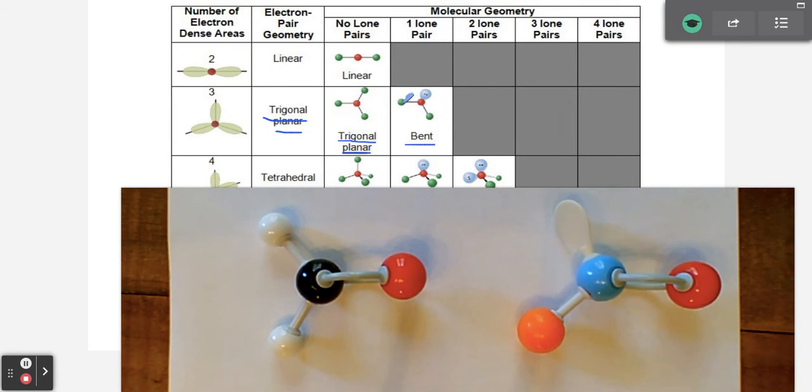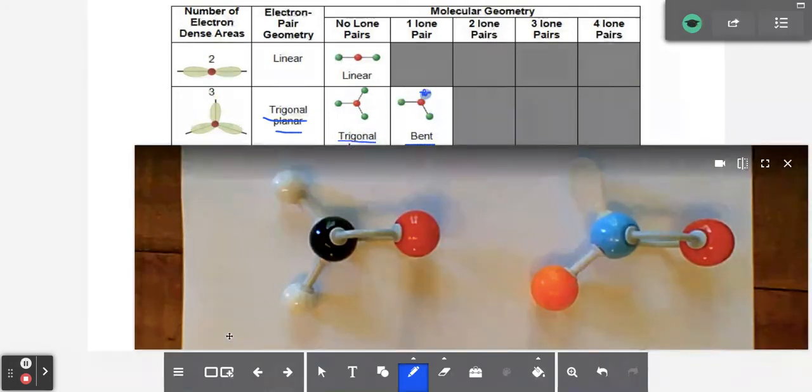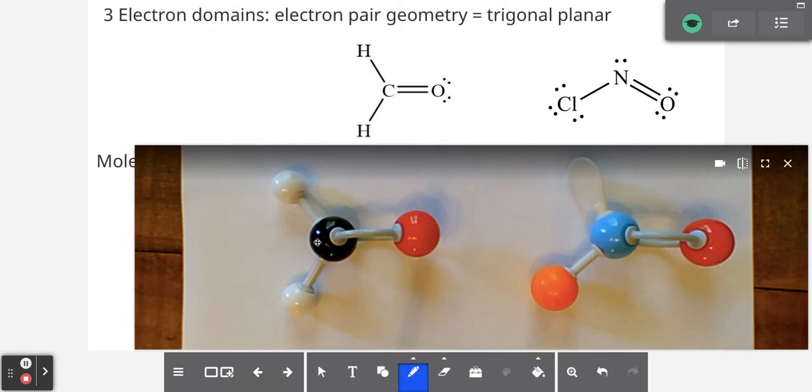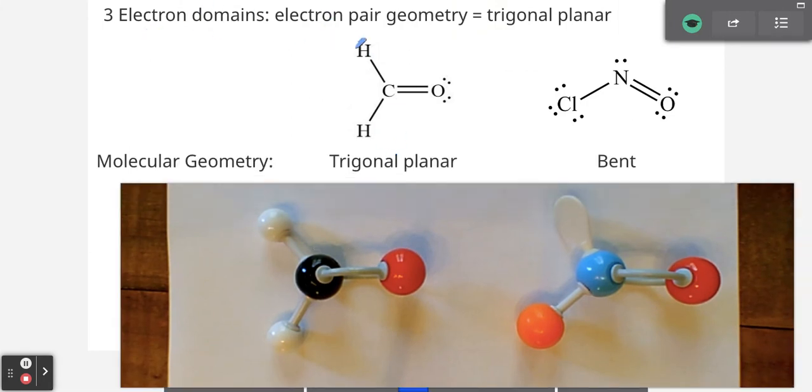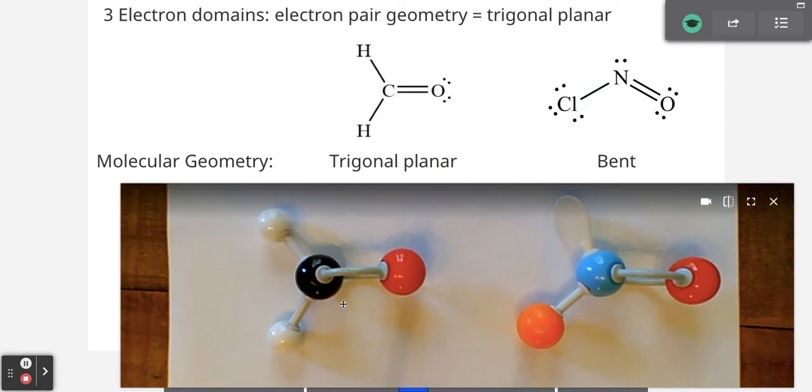And if we kind of ignore the lone pair, this angle looks like a bent shape. That's the reason for the naming. So in both cases the electron pair geometry is trigonal planar, but the molecular geometry for the CH2O is trigonal planar, whereas the molecular geometry for the NOCl is called bent.